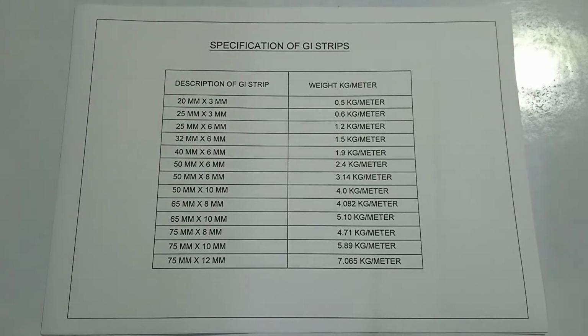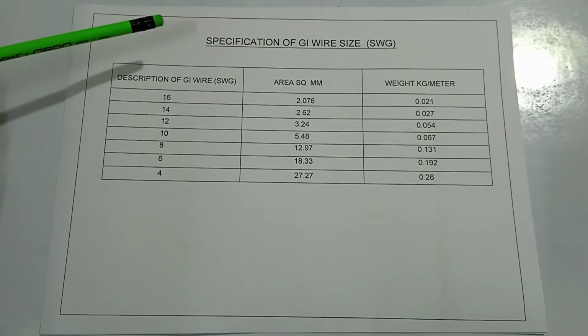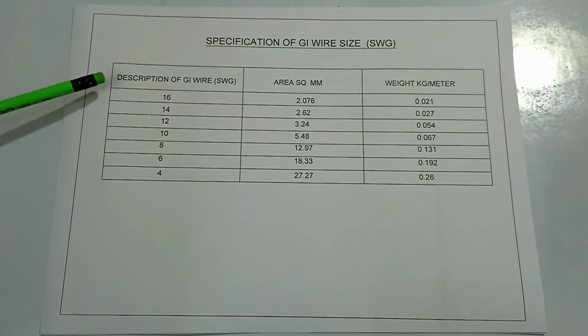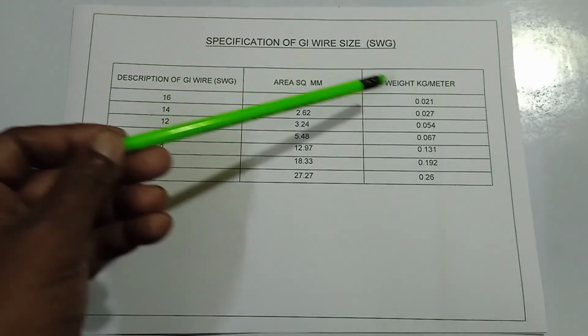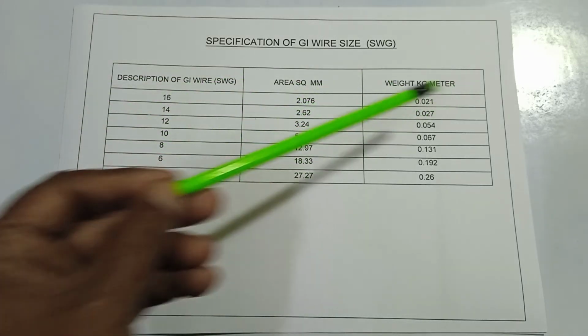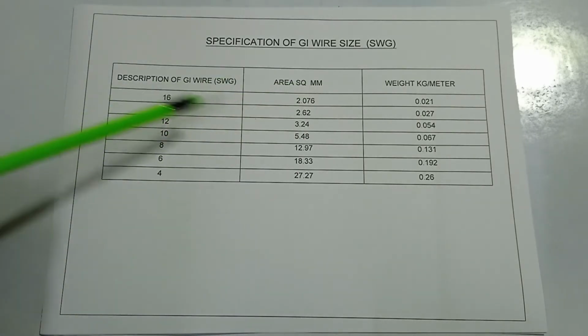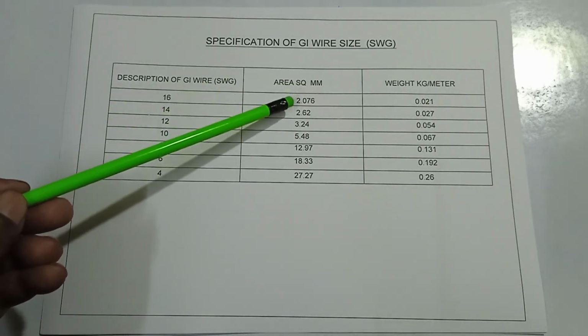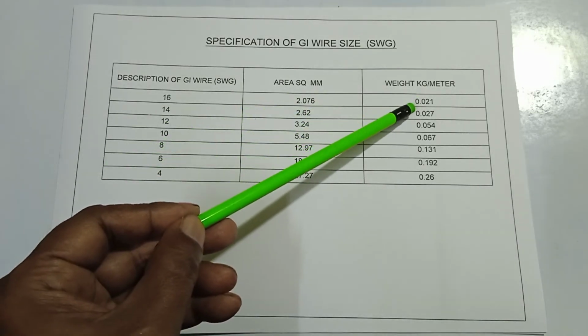Okay, next. Here is the specification of GI wire in standard wire gauge. Description of GI wire SWG, with weight in kg per meter and area in square mm. 16 SWG, area 2.076 square mm, and weight 0.021 kg per meter.